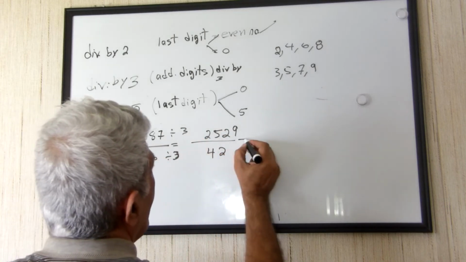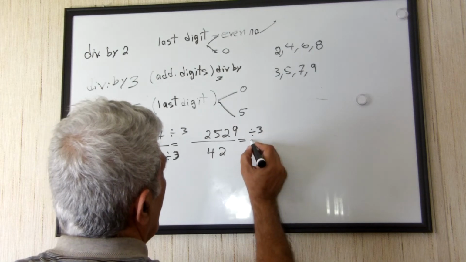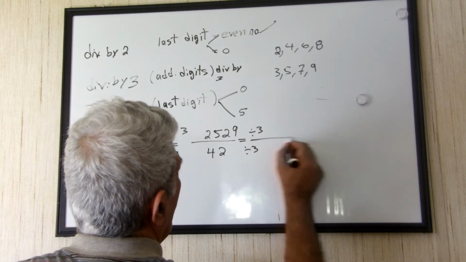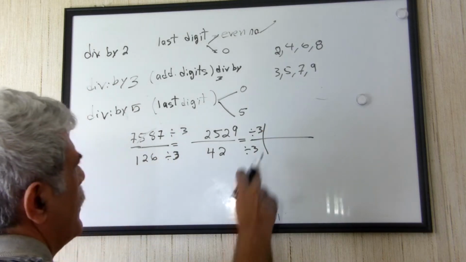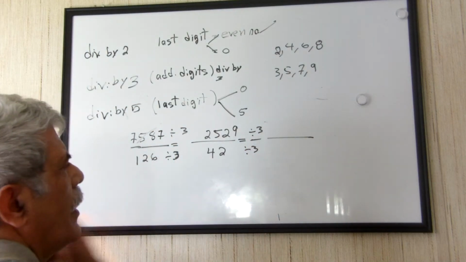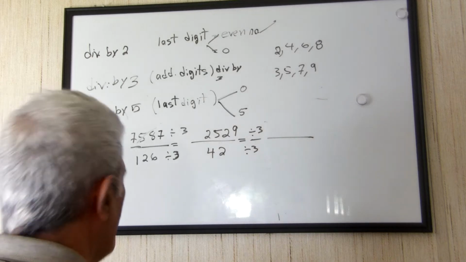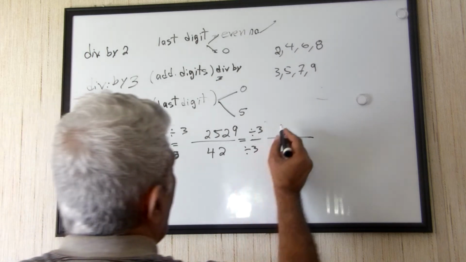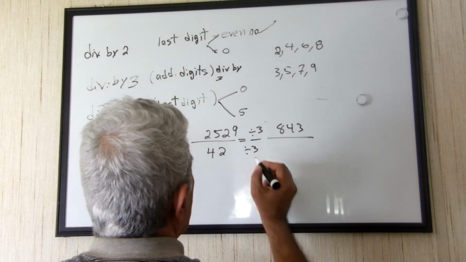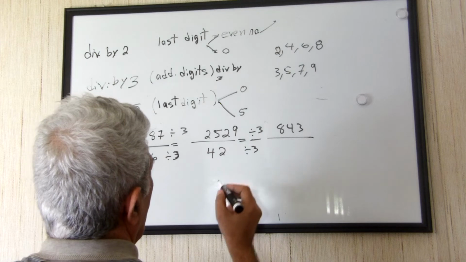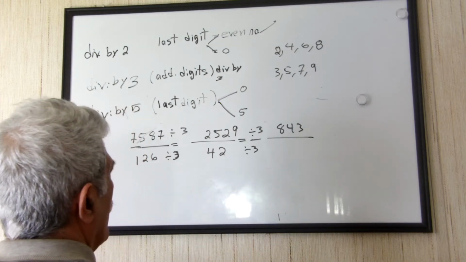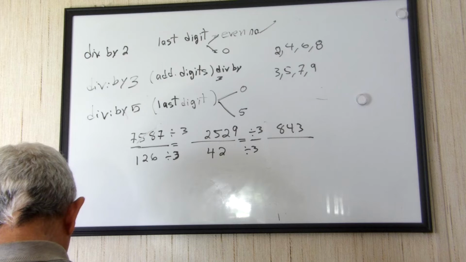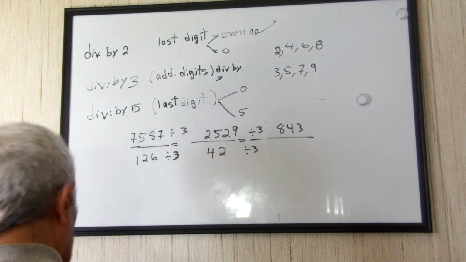We can still divide both sides by 3. 2,529 divided by 3 is 843, and this one divided by 3 is going to be 14.